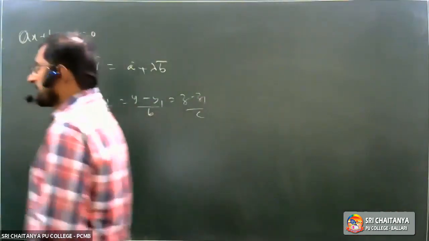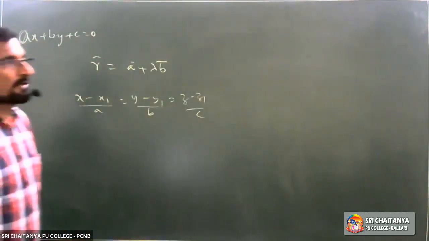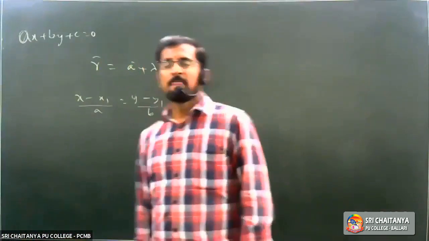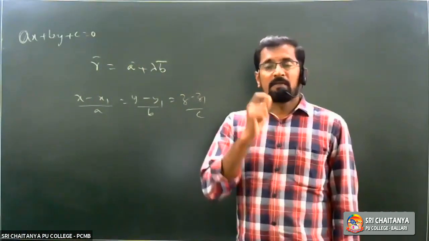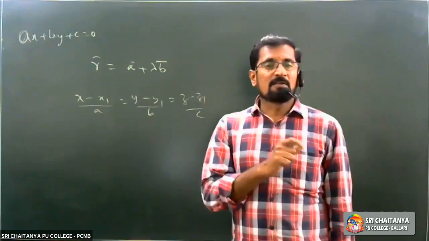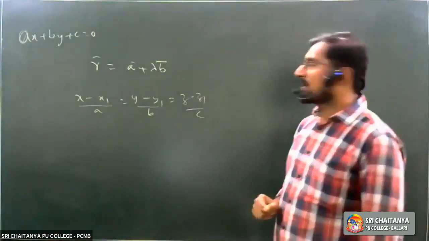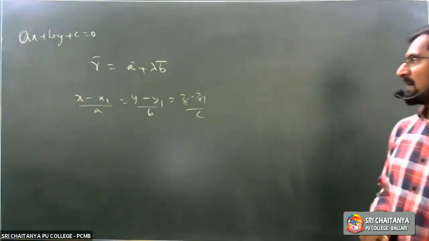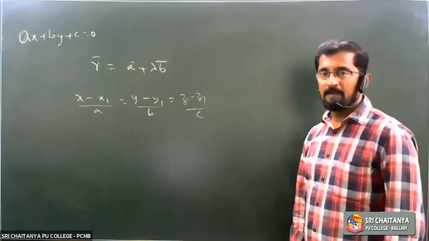Take down. First of all, observe the vector, don't write anything else. I am going to give you the notes now itself. Don't write. The vector equation in three-dimensional geometry is r bar = a bar + lambda b bar, and its Cartesian form is this, right?